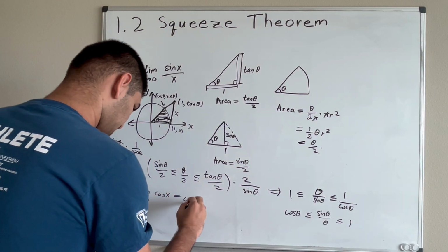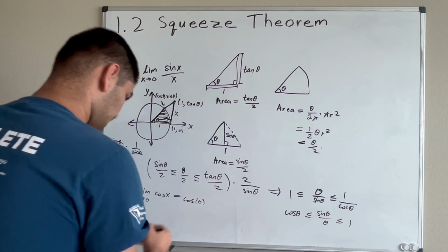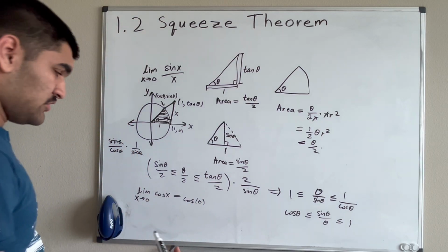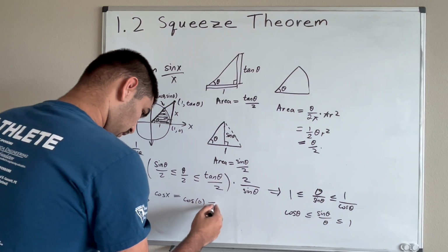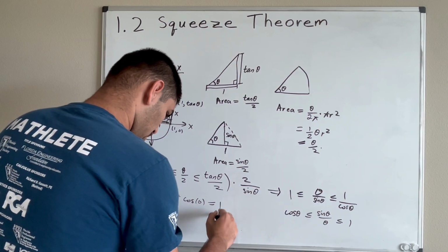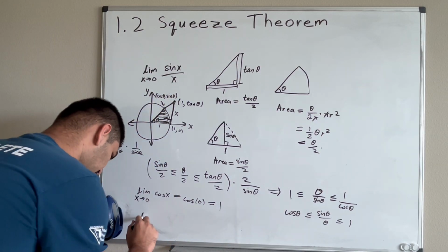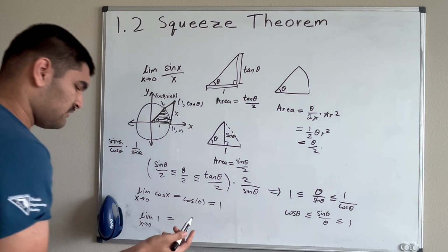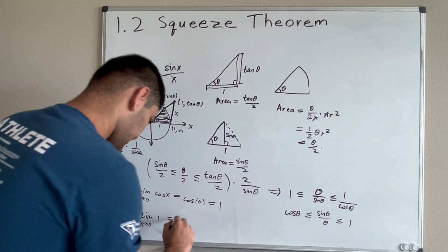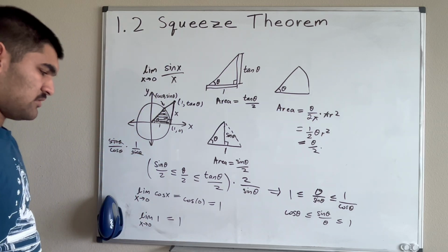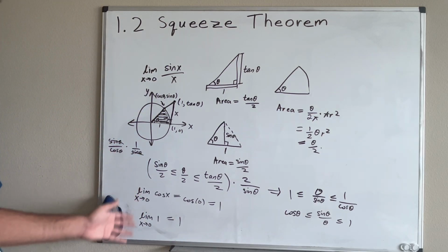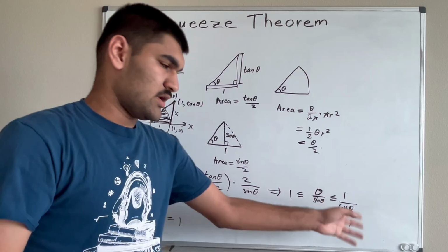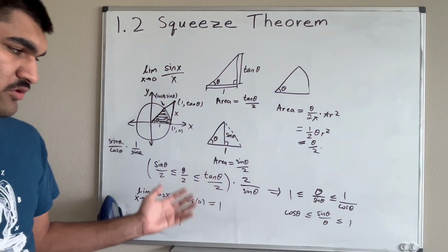You can simply substitute in 0 because cosine x is continuous at x equals 0, and cosine 0 is just equal to 1. And then the limit as x approaches 0 of 1, the limit of any constant function is just the constant back. So this is also equal to 1. Therefore, the limits of cosine theta and 1 are both equal to 1.